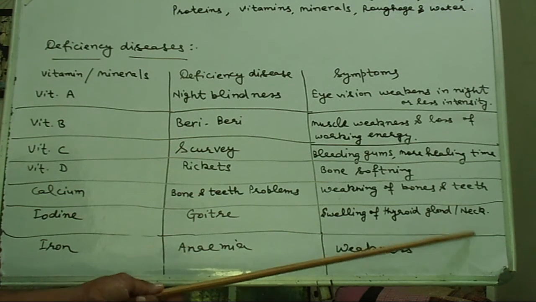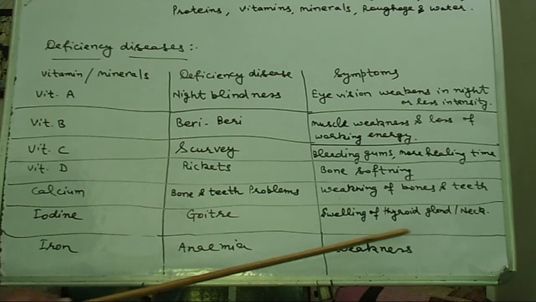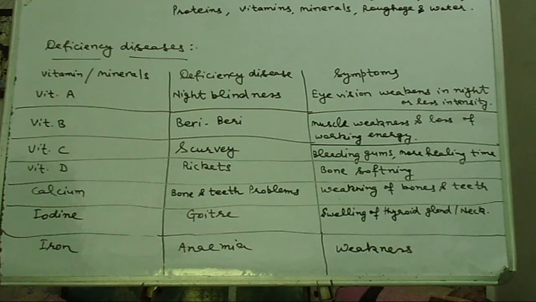Around the neck there is swelling of our thyroid gland, which is exactly in the center of our neck, in the upper portion. There swelling occurs. Most of these problems occur in coastal areas, because the people used to take common salt directly from the sea.